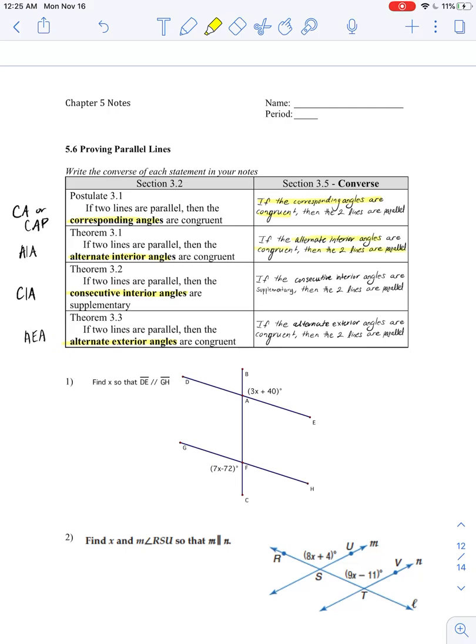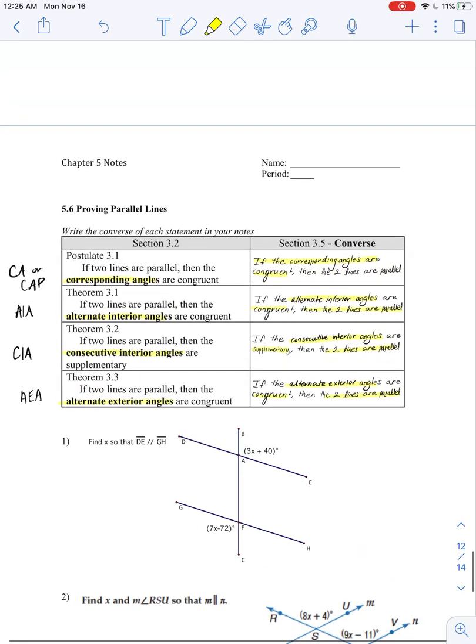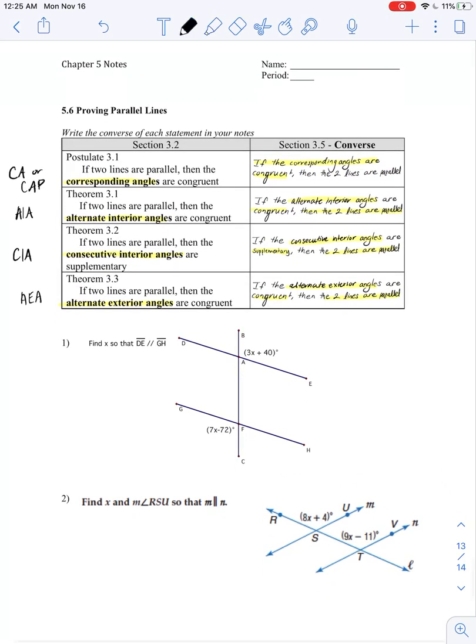If we have alternate interior angles that are congruent, then the lines must be parallel. Remember, for consecutive interior angles, if they're supplementary, so they add to 180, then the two lines are parallel. And the last one is if you have alternate exterior angles that are congruent, then the lines will be parallel.